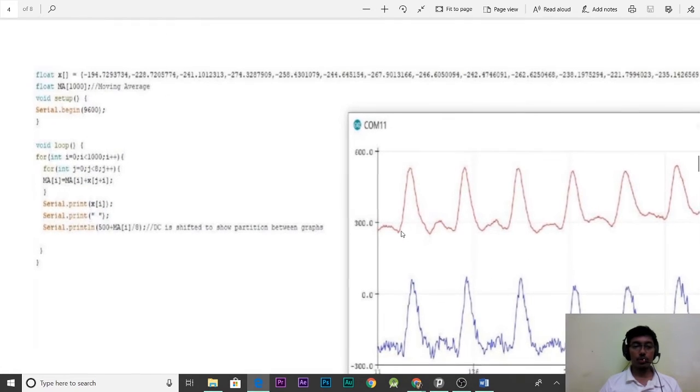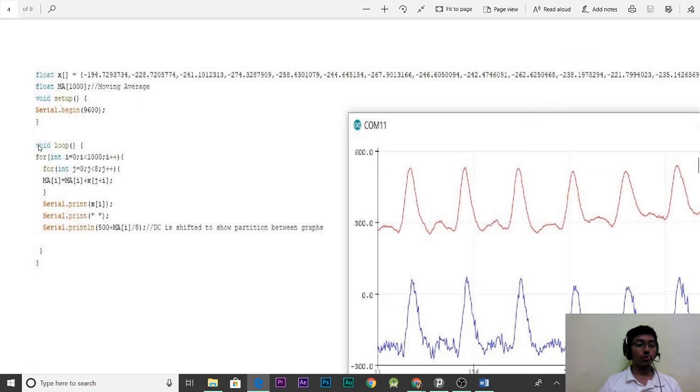Now going back to the code and flow, just loading the values of the data and declaring the moving average variable, setup begin, serial begin. This allows the communication data flow from Arduino to the computer at a speed of 9600 bits per second. Obviously we can change the values, some fixed numerical values are there.